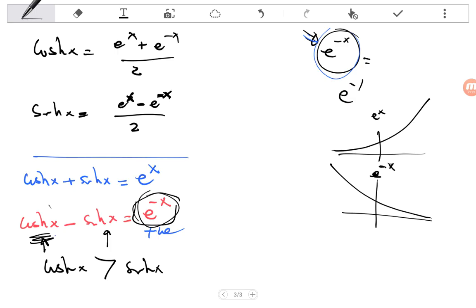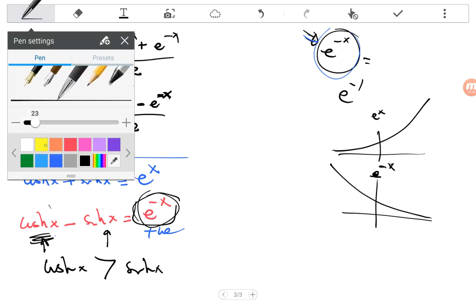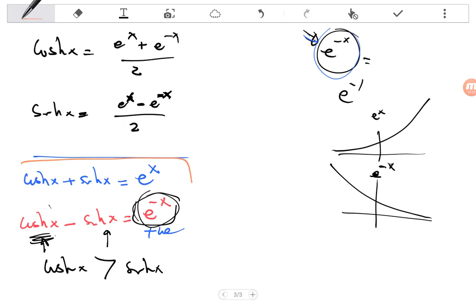Okay. Let's learn. So these are the first two basic rules, and we didn't learn analogous rules for them for trigonometric functions. For example, we didn't learn what is cosine theta plus sine theta in terms of exponential. They have an expression which is e power i theta.